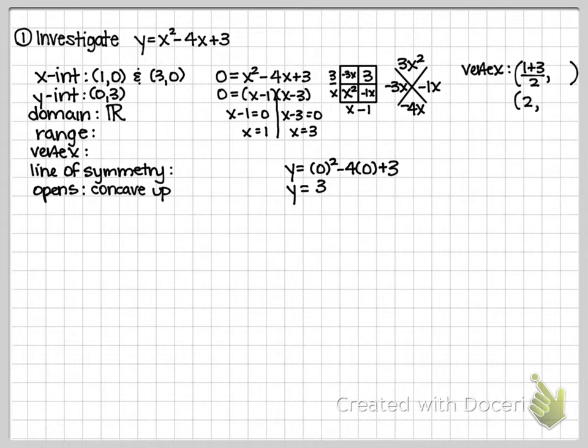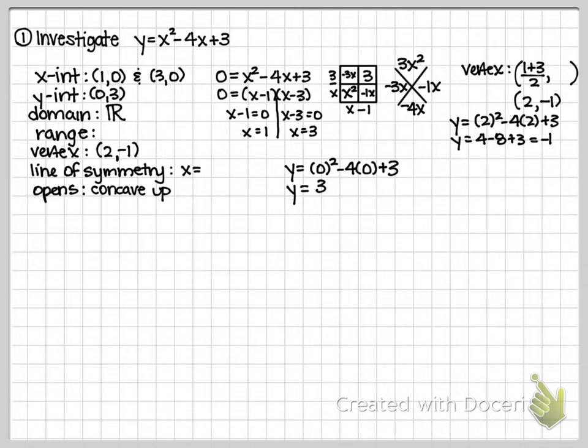I need to plug that back into the equation for my x's to figure out what the y value is going to be. So that's going to give me 4 minus 8 plus 3. Looks like that's going to be negative 1. So I think my vertex is 2, negative 1. Now, once I know what my vertex is, I can identify my line of symmetry.